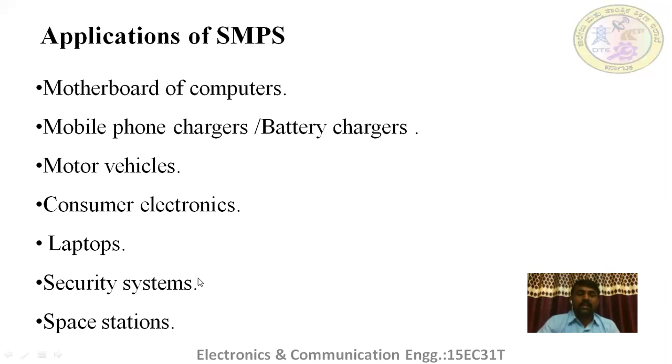Not only is the SMPS used here, it is also used in space stations. Space stations means satellites. A satellite is a purely electronic device or instrument, right? So in order to provide power to the different sections of satellites, the SMPS are used.